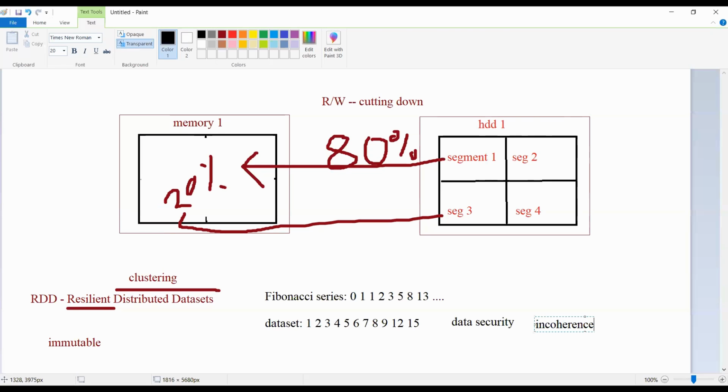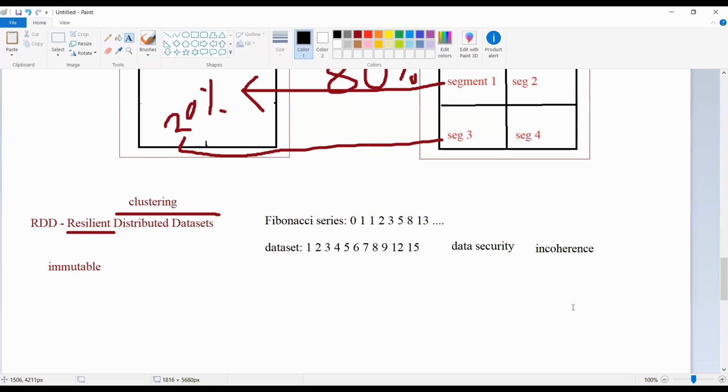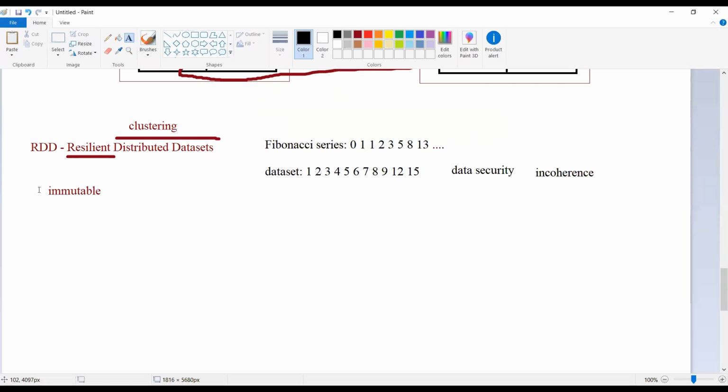Data security, incoherence, and inconsistency, all these things come into the picture. That defies the actual idea of why we started doing data redundancy. That is the reason it only allows you to do read only operations. And of course, if it is immutable, it must be a read only thing. So that is the idea behind immutability.